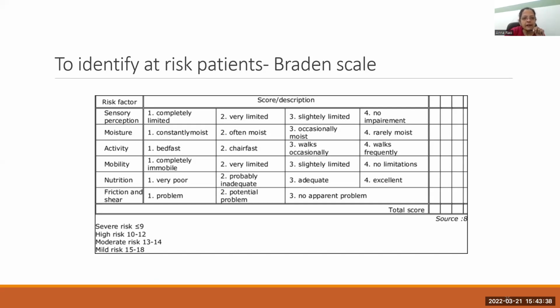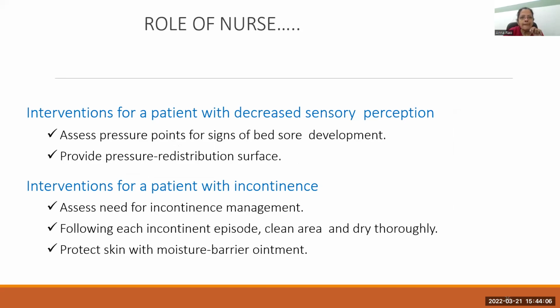So all the 5 points you can see here and score appropriately. Then we can find out the at risk patients very easily. And when we are making home visits, at that time we can always ask related questions to the relatives.